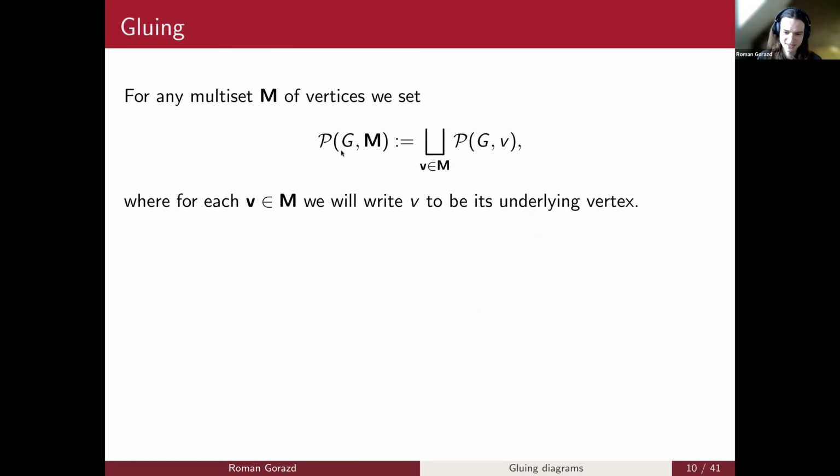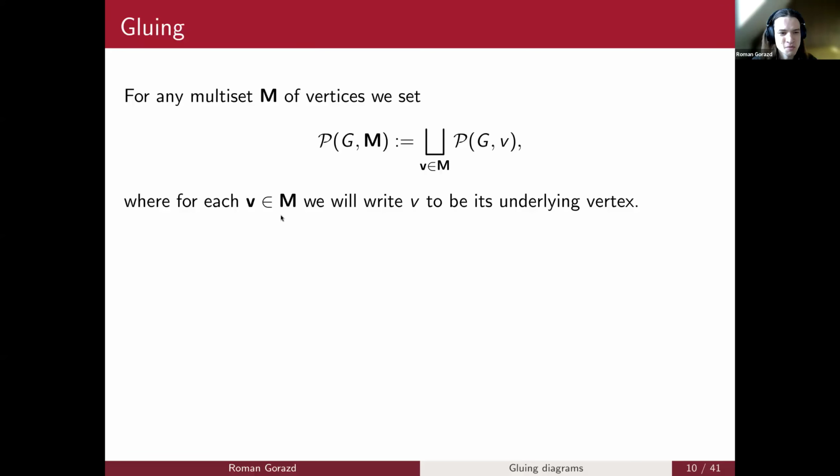So to talk about gluing diagrams, we will first have to define gluing. Unfortunately, we will have to talk about multisets. I say unfortunately because multisets are conceptually easy to grasp, but they're notationally awkward.